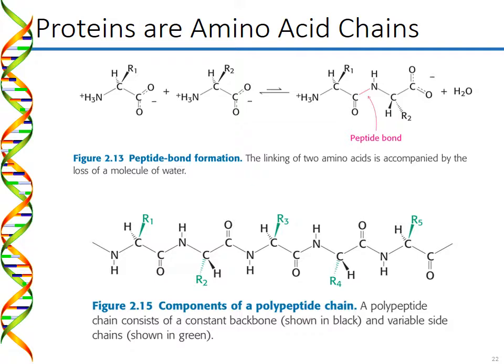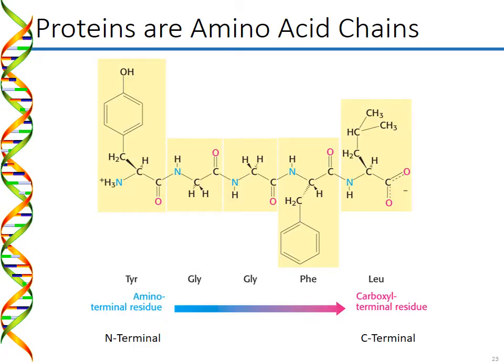And so we write these sequences of proteins from N-terminus to C-terminus, just like we did 5' to 3' for nucleic acids. Here we have another diagram showing a 5 amino acid protein comprised of tyrosine, glycine, phenylalanine, and leucine. And you can see again the directionality from N-terminus to C-terminus.